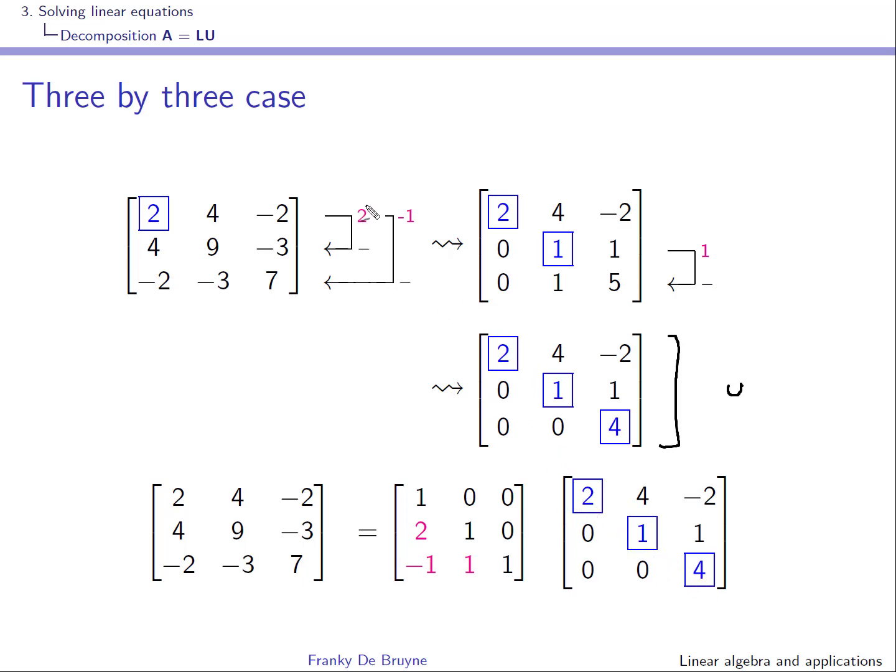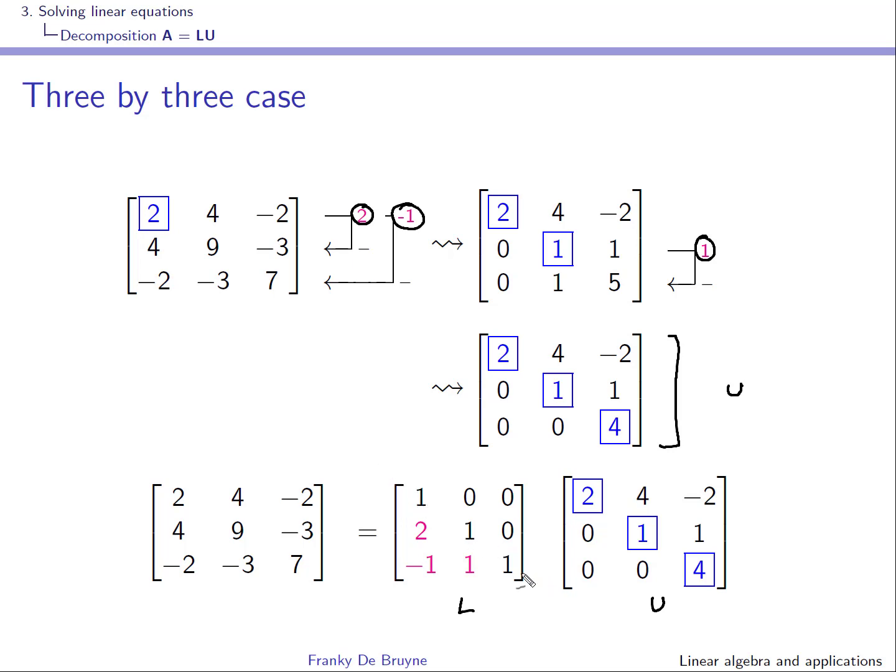Remember that we were using these multipliers. Okay, and the multiplier is simply obtained by considering the element that you want to make 0, divided by the corresponding pivot.